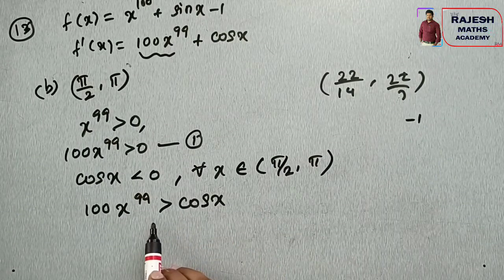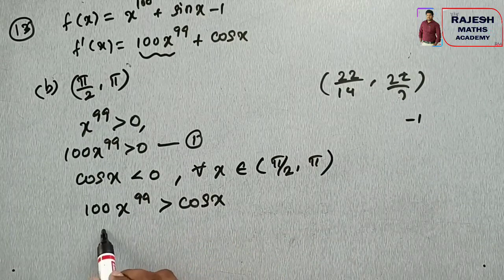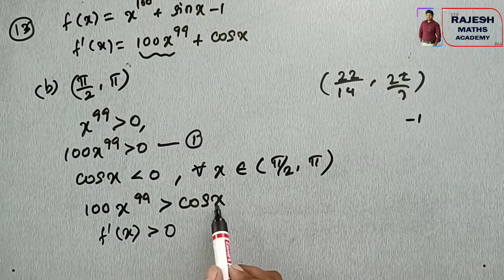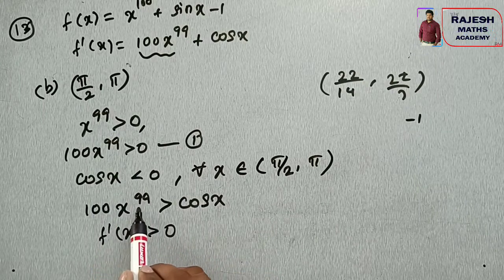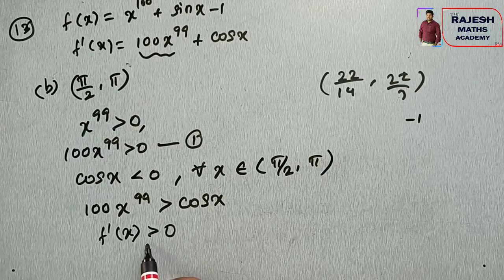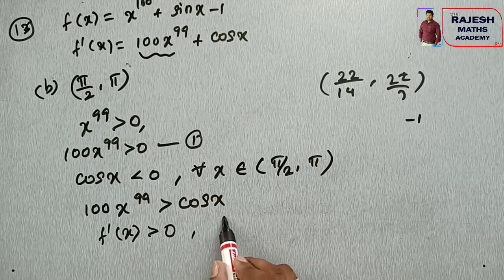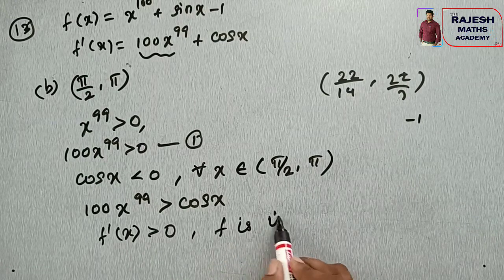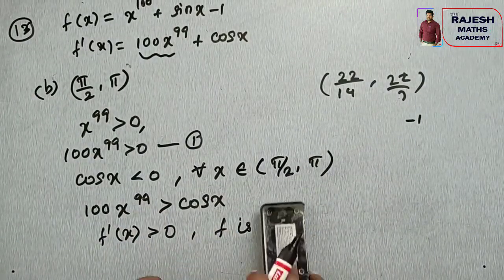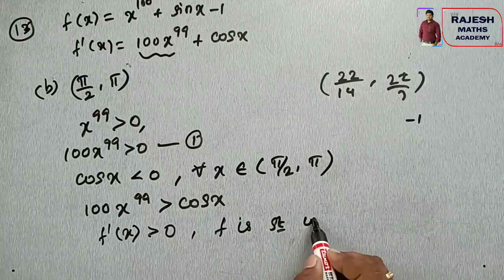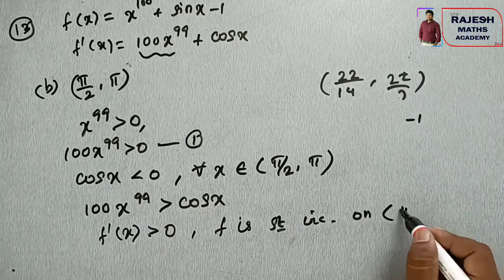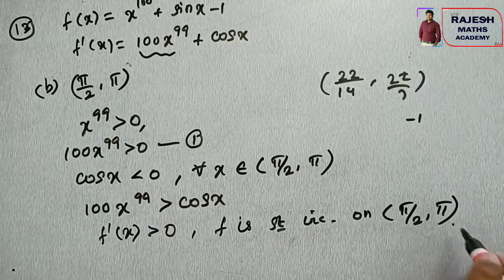So f dash of x is clearly greater than 0, because 100 x power 99 is a very large value, so subtracting gives positive values only. So f dash of x greater than 0 means f is strictly increasing on the interval pi by 2 to pi.